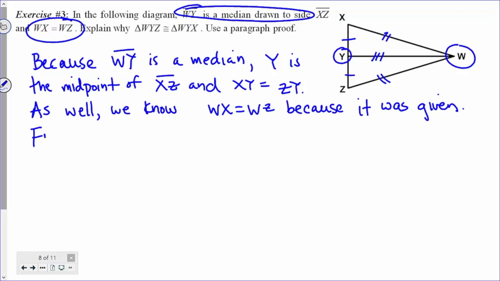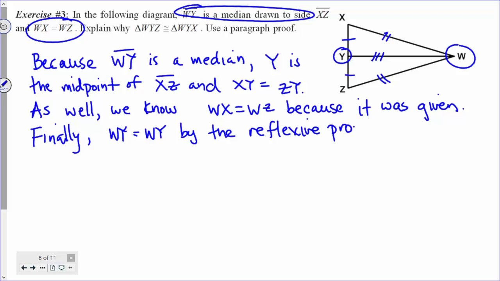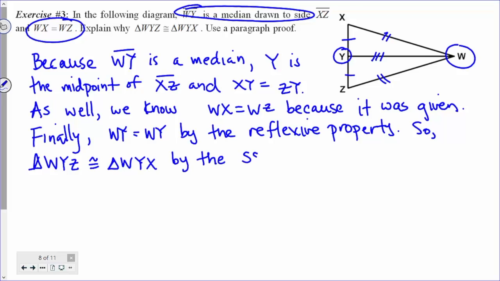Finally, WY must be equal to WY by the reflexive property. So, triangle WYZ must be congruent to triangle WYX by the side-side-side theorem.